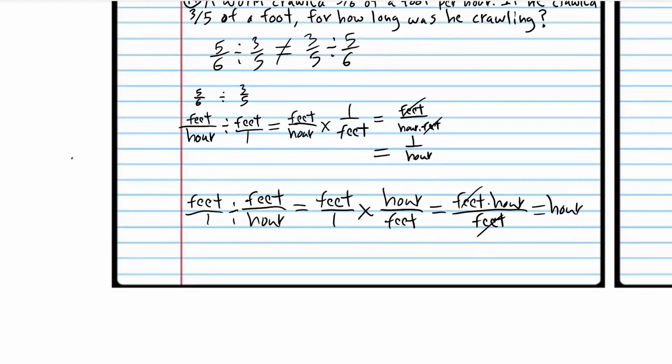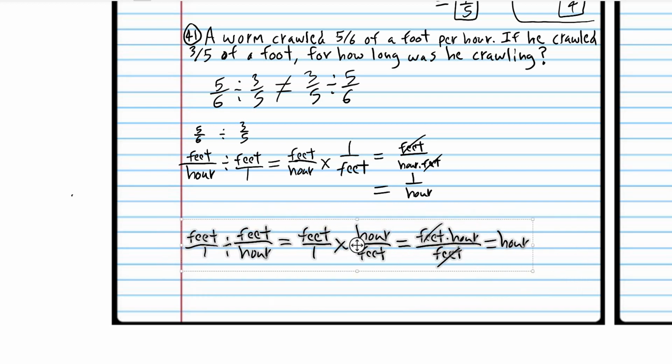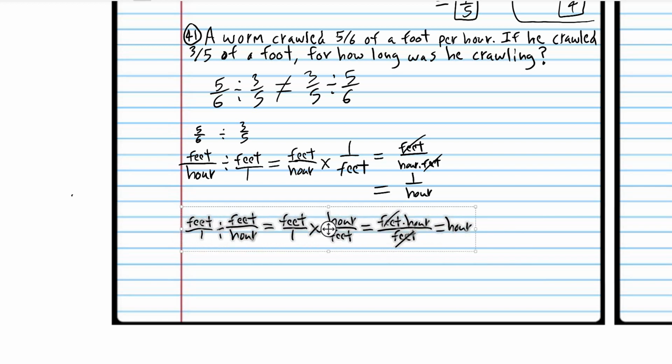So now we know how to do the problem correctly, so now the rest of the problem is going to be really easy because we just use the division algorithm. So now we're going to do this in about 20 seconds because we know what to do. We're going to take the feet, which was this part, 3/5, and I probably should write that up there, divided by 5/6.